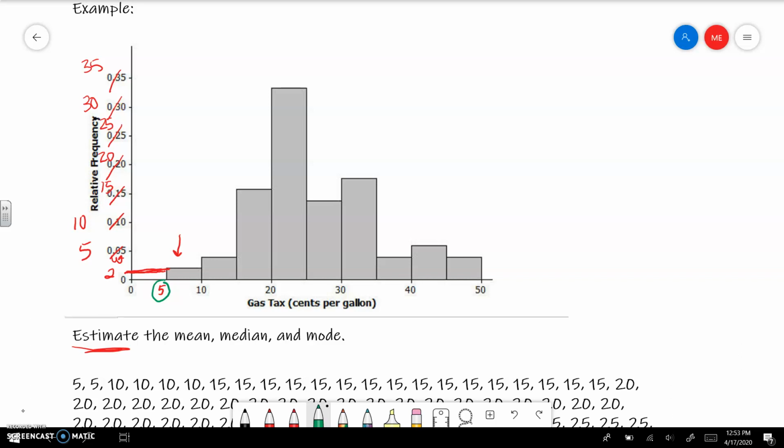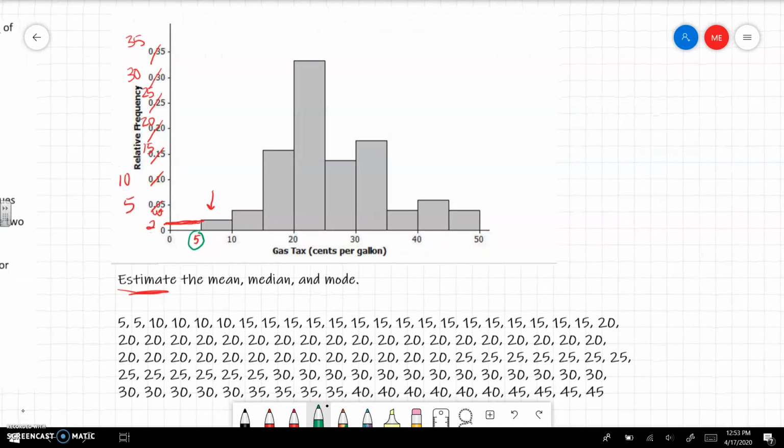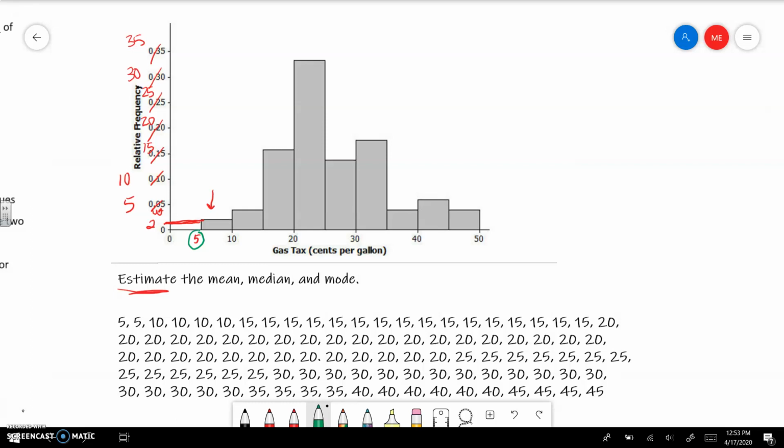So I went ahead and wrote out the data points. And the way I did this was I went over and decided, okay, there are 2 5s. So here's 1 and 2 5s. And then I went over and decided there are approximately 4 10s.